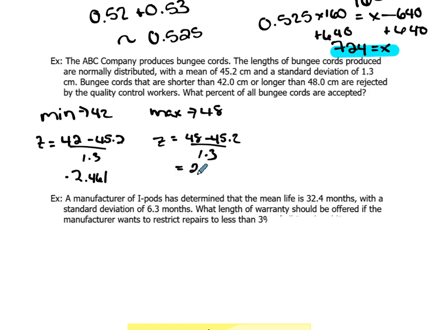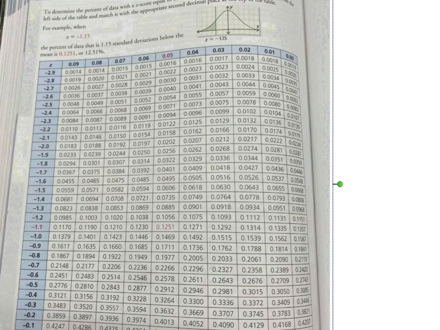And it's going to give me a 2.153 Z-score. Now we're going to take those numbers and look them up on our chart. So when I go over here, I'm going to look up negative 2.461, so 2.4, I missed it, sorry, 2.46.